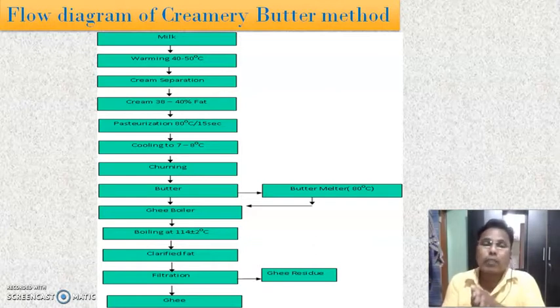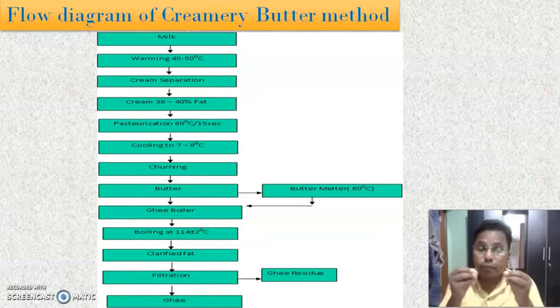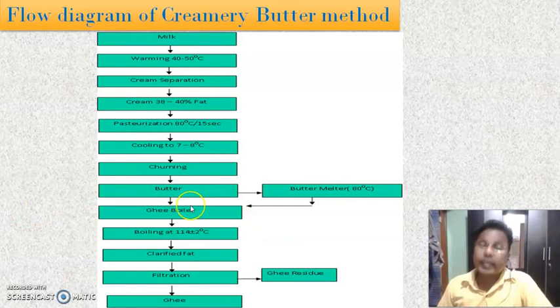So the maximum scum is removed with the help of the perforated ladle, and when the maximum scum is removed, it becomes very clear, and it produces a cracking sound, and it produces brown colored curd particles. So these are the symptoms to stop heating in the ghee boiler. So here heating should be stopped.